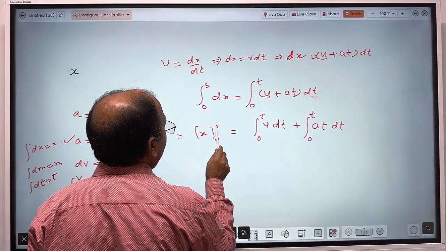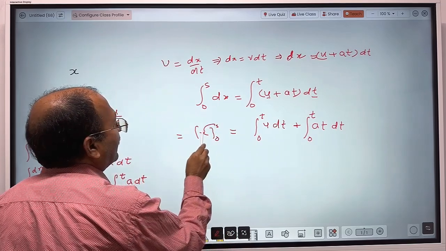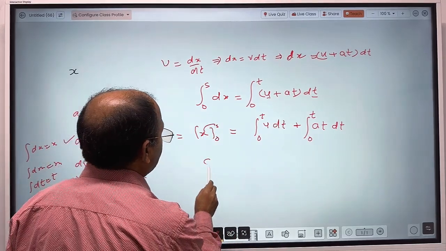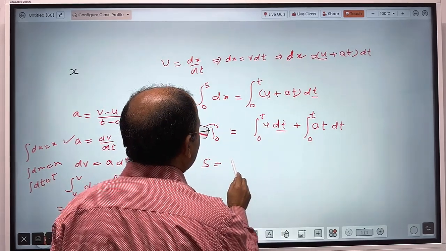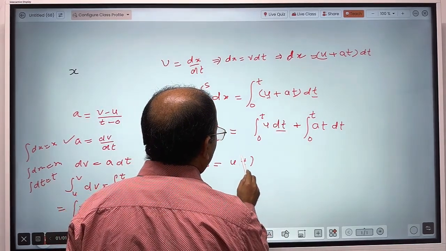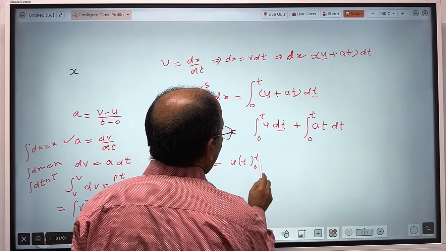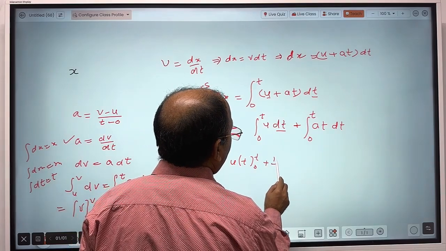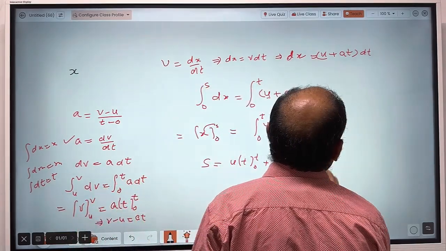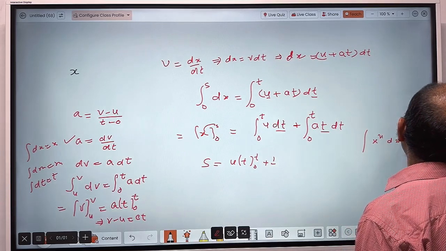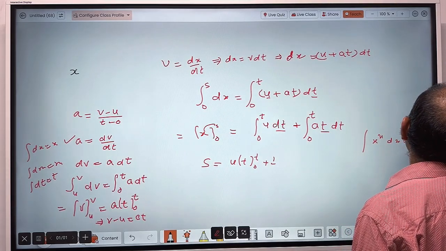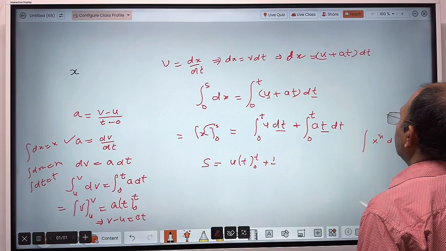So this will give, first we put s in place of x, so we will get s equals, in the RHS, integration dt gives t, so u t with limits 0 to t, and here this will become t square by 2, because if you remember, integration x power n dx gives x power n plus 1 divided by n plus 1, right?